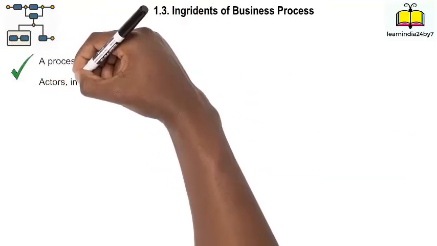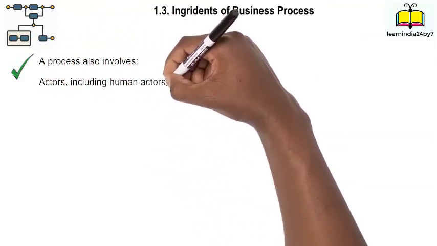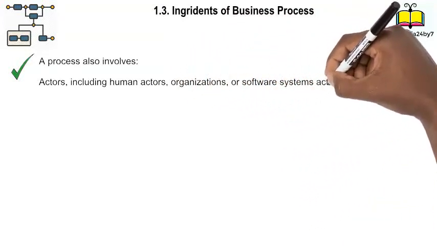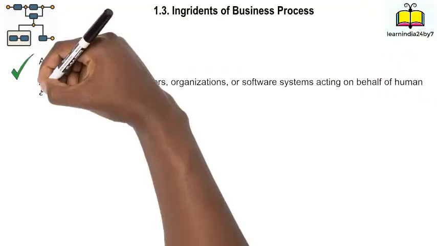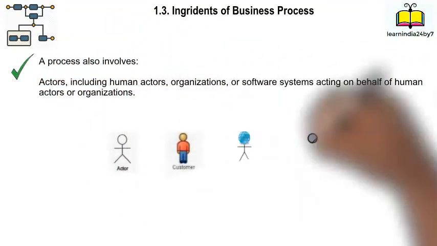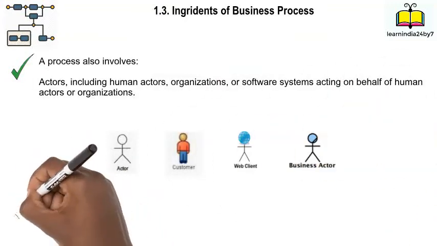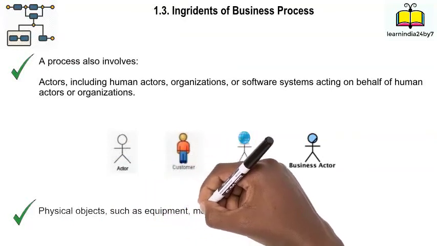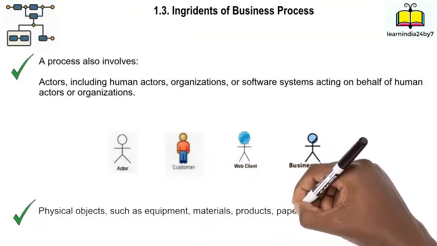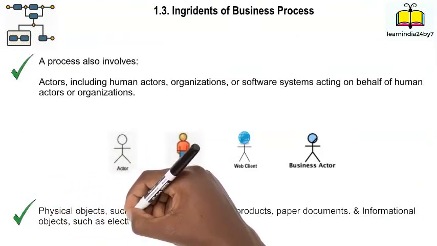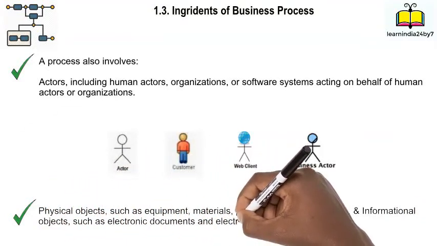A typical business process also includes actors, such as human actors, organizational or software systems acting on behalf of human actors, and physical objects such as equipment, material, products, paper, documents, and informational objects such as electronic documents and electronic records.